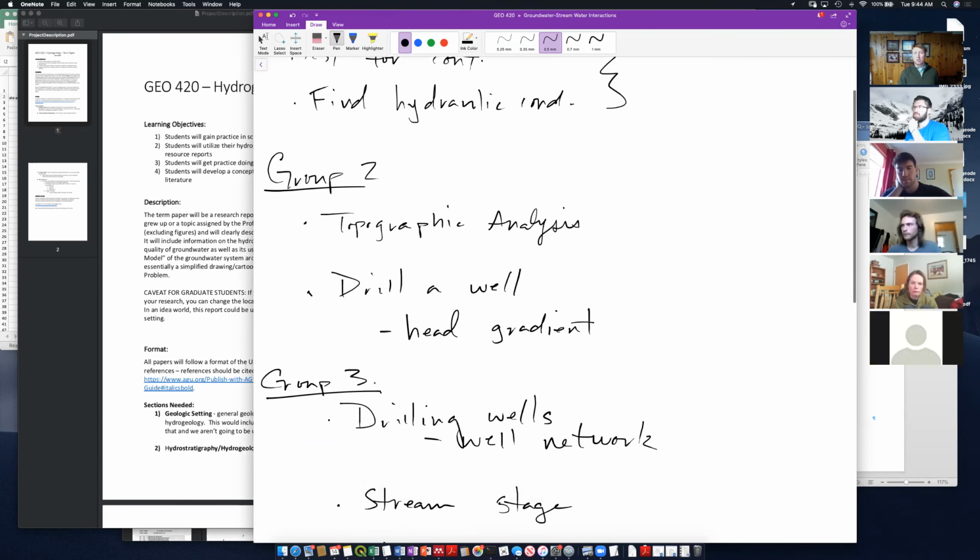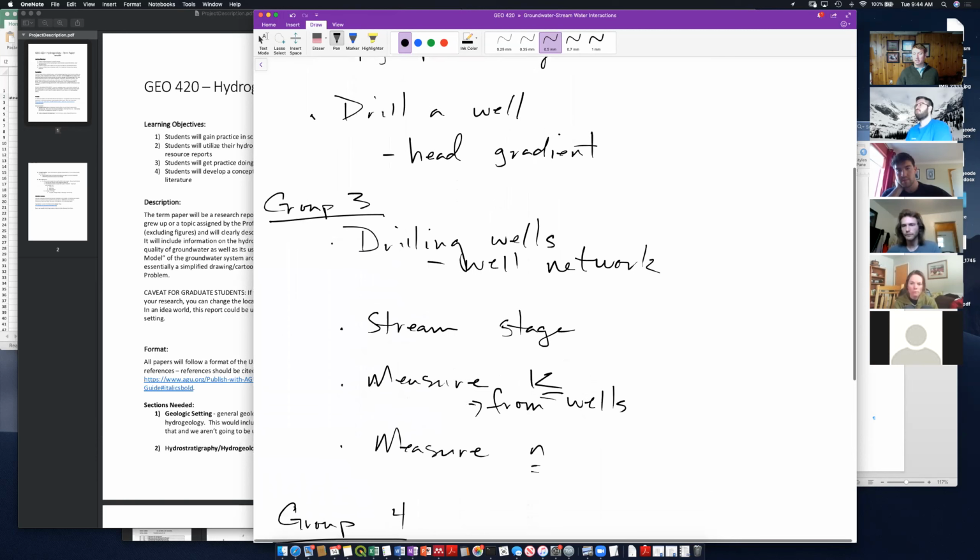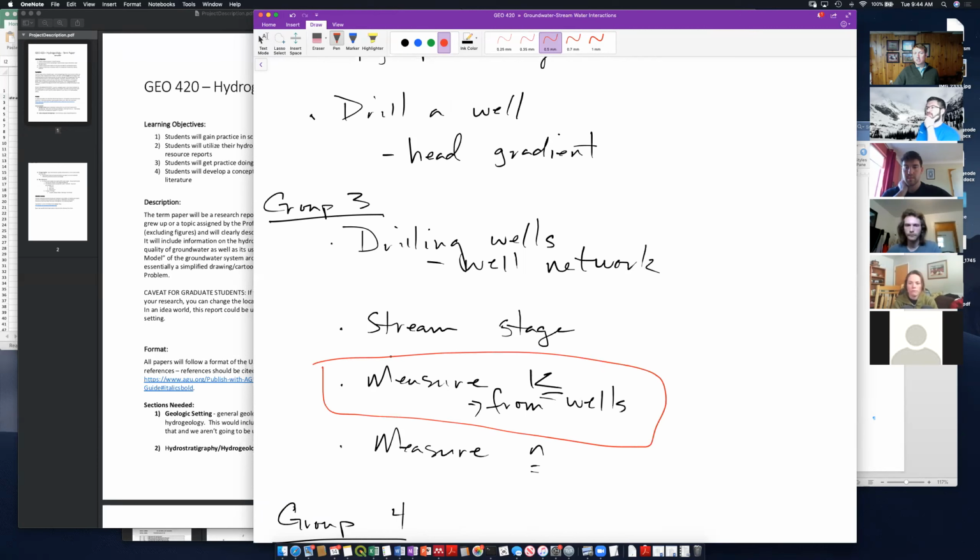Thursday, for the remainder of the class, we're talking about things like, how do we drill wells? What data is in the drilling of the well that we can use? How are we going to characterize the stream? So, drilling methodologies and then characterization of the aquifer. One of the things we'll talk about is this magical idea of measuring K from wells.